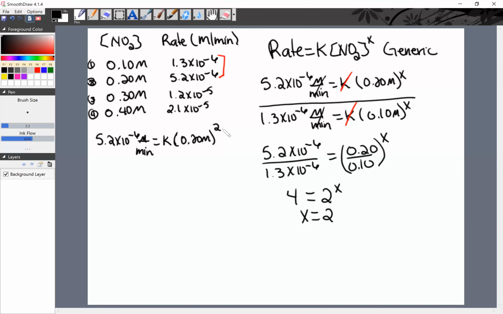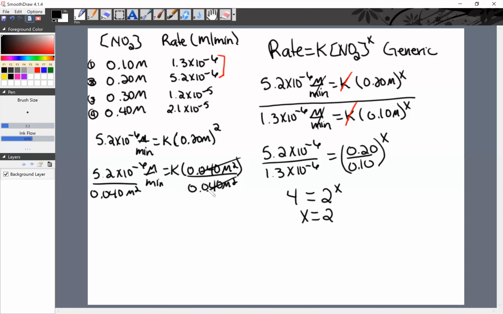All right, again, I'm going to do the math out. So it's 5.2 times 10 to the minus 6 molarity per minute is equal to k times 0.2 squared, which is 0.04 molarity squared. All right, going to divide both sides by 0.04 molarity squared.